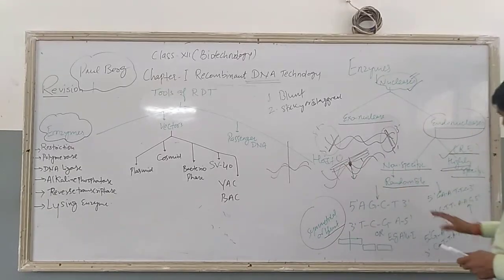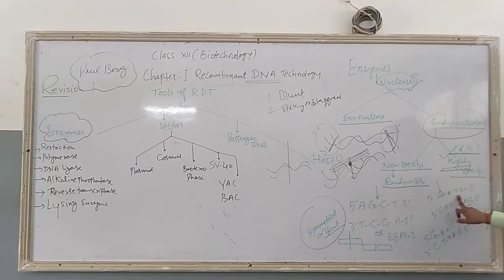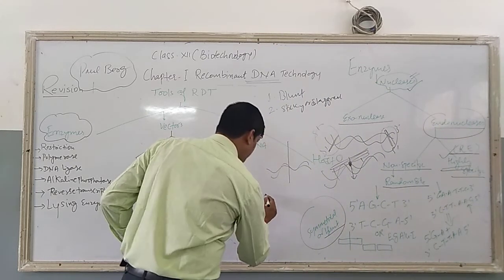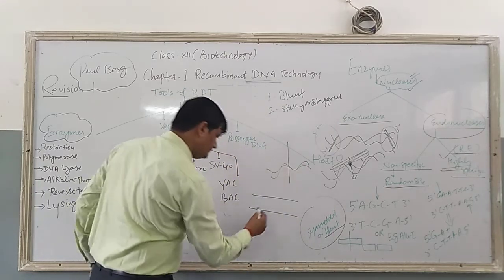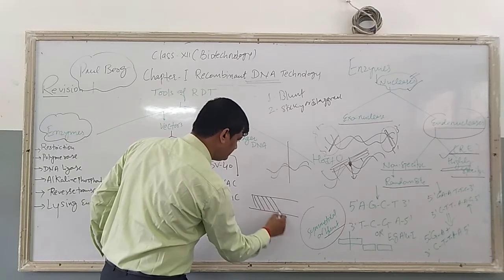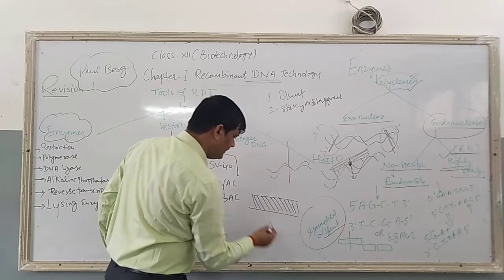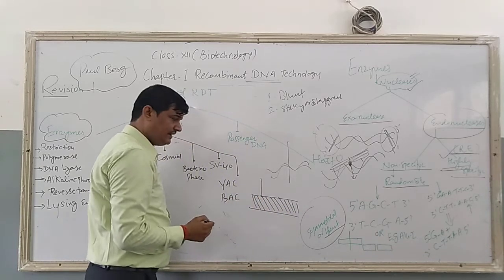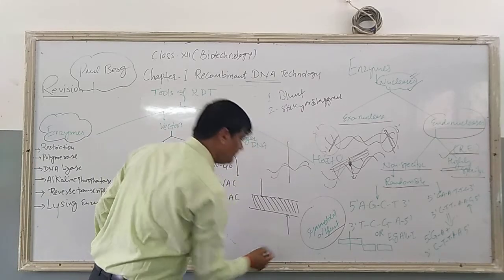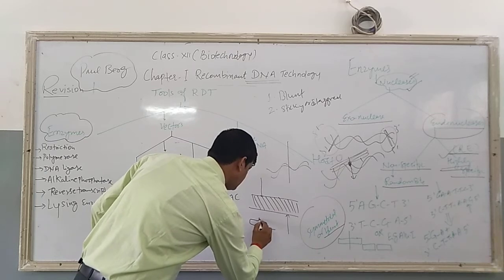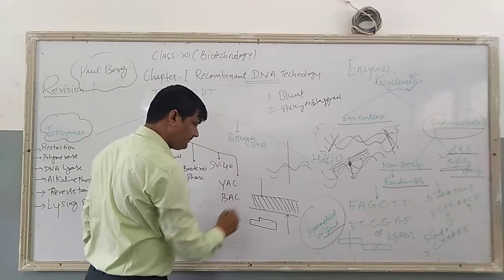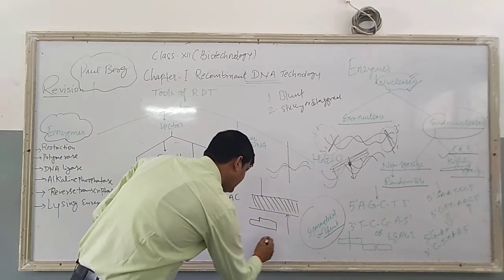But on the other hand, there is another cut that is called the staggered cut. In the case of the staggered cut, suppose this is DNA strand 1 and DNA strand 2, and the enzyme cuts here.